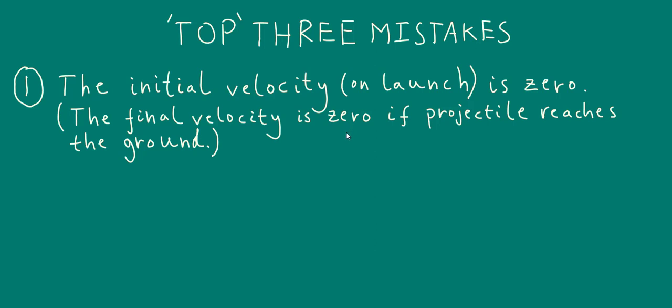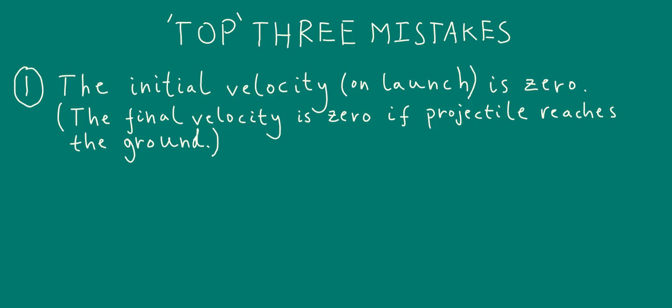Now, this might seem quite strange that I'm calling this a mistake, but what I mean by initial and final velocities here are not the literal initial and final velocities. I'm talking about the initial and final velocities that you would use in the SUVAT equations. So I'll talk more about this in a moment or two.